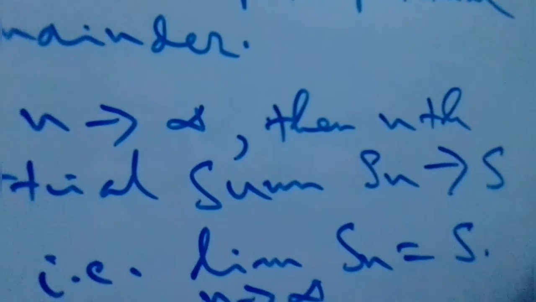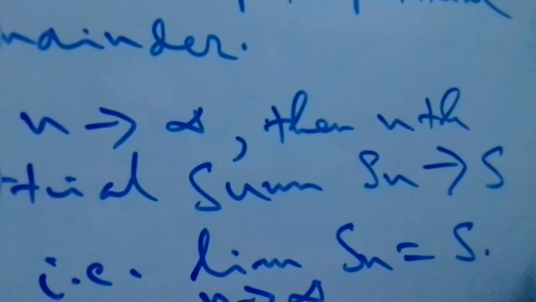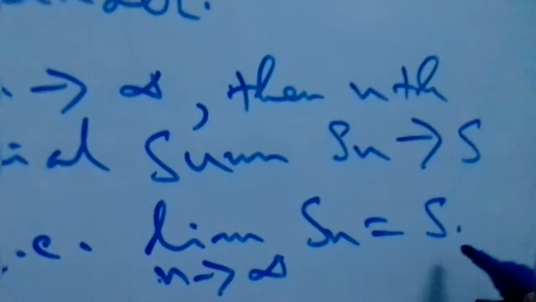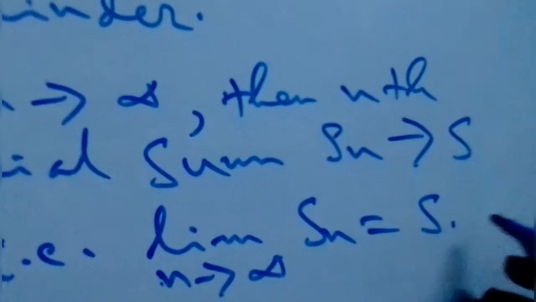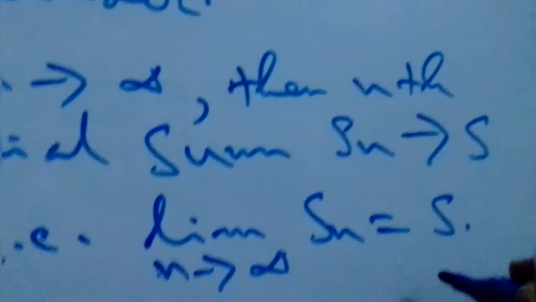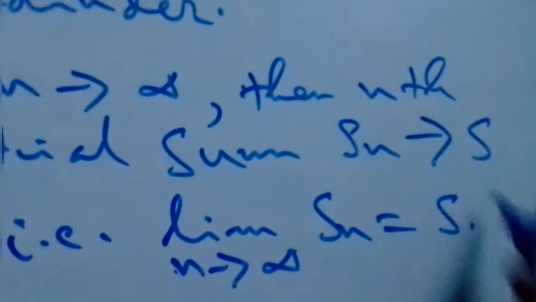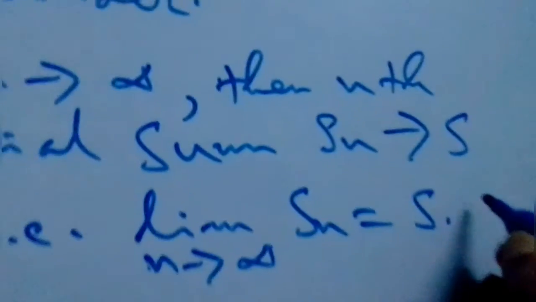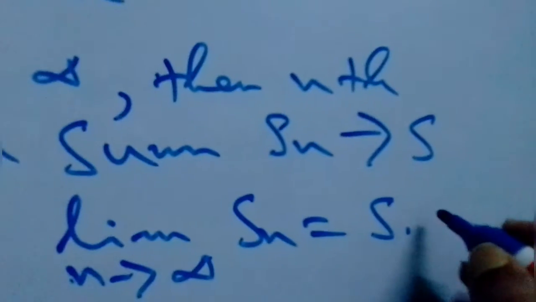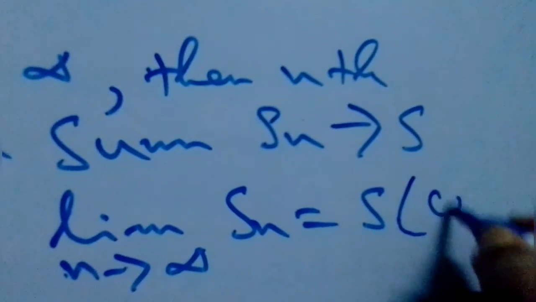On the other hand, if it goes to plus infinity or minus infinity, the series is said to be divergent. If it is finite, it is a convergent case.